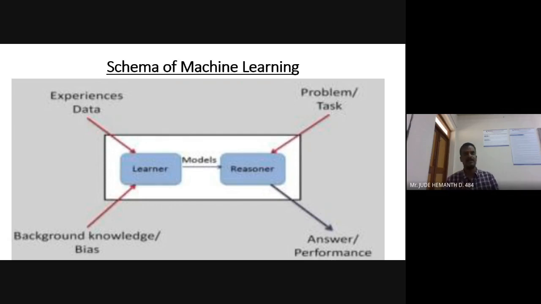If you want to recognize face images, first you need to train the machine with all the face images of those people whom you want to recognize. That is given. Along with that, additional information is the background knowledge. What is that background knowledge? A face will have eyes, lips, nose, eyebrows.